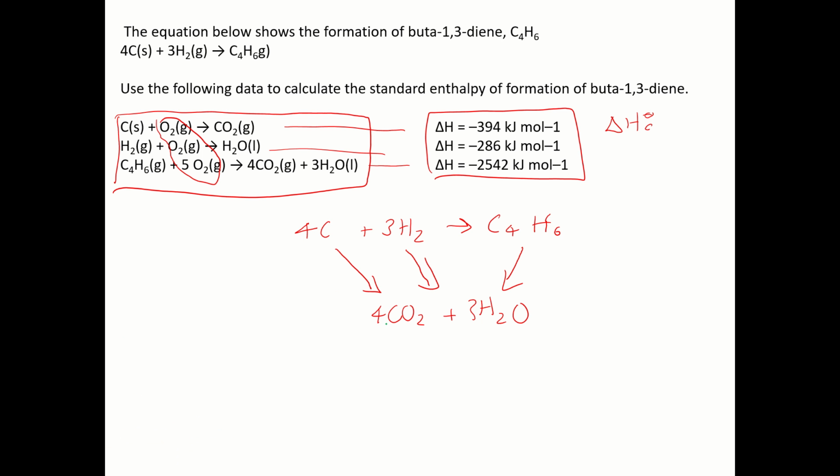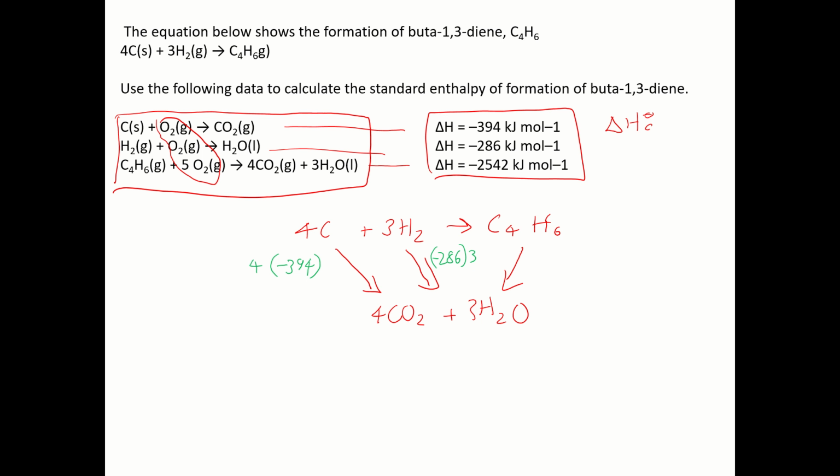So 4 CO2s, 1 CO2 is minus 394. Remember we said there's 4, so I'm going to put a 4 there. And then we've got 3 H2O. So 1 H2O is minus 286. And remember, we said there's 3 because of the coefficient.